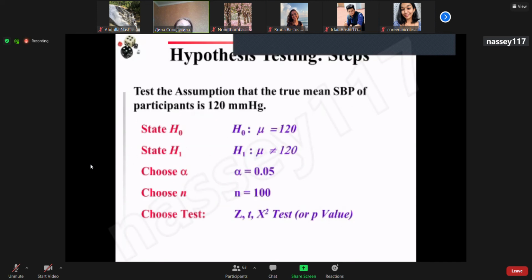Okay, example. In our case, we spoke about the true mean systolic blood pressure. So we formulate the null hypothesis, mu equals 120. We formulate our research hypothesis. We choose alpha 0.05, we choose n, and then the test.